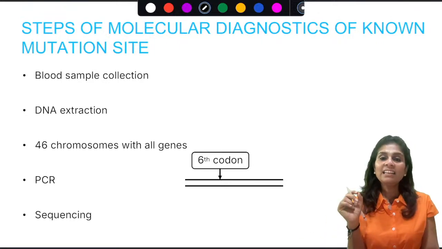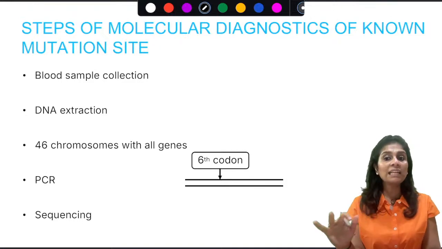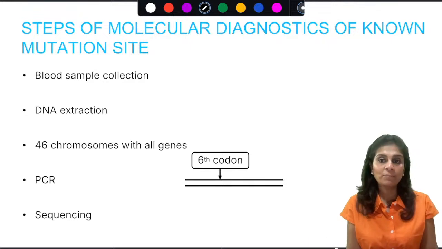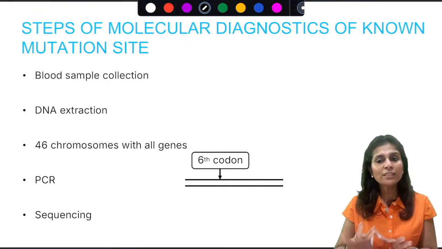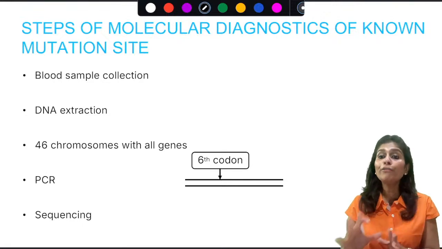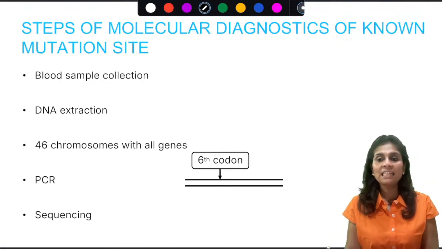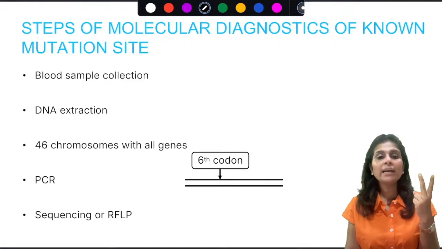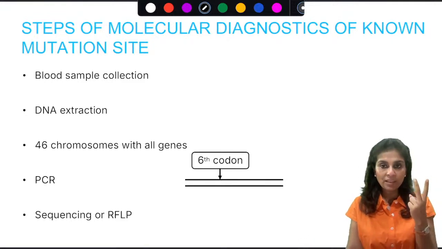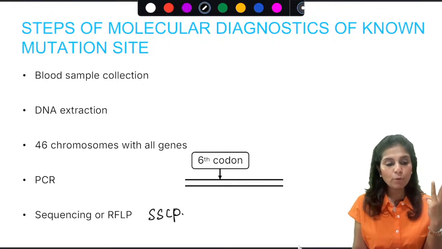Okay. And the limitation of using a sequencer is that sequencers are not widely available and sequencing is not a cost-effective option, right? And that is why we are in a hunt for some other simpler technique or affordable solution. So what are the other affordable solutions? Second one is RFLP or restriction fragment length polymorphism. Third one is single-stranded conformation polymorphism.